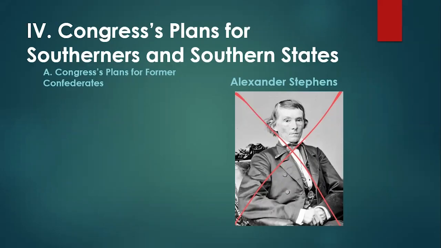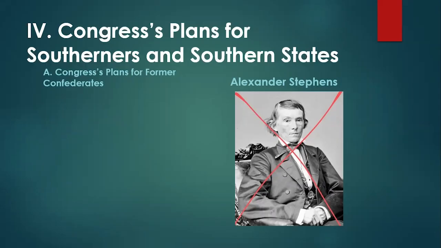So as President Johnson was turning a blind eye to what the Southerners were doing and allowing the former Confederates to basically reclaim control of the South, or at least try to, Congress was getting pretty upset, and they started giving President Johnson some pushback. They started formulating their own plan for Reconstruction.